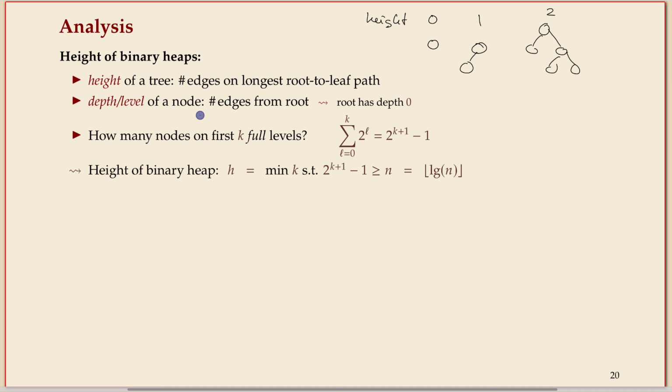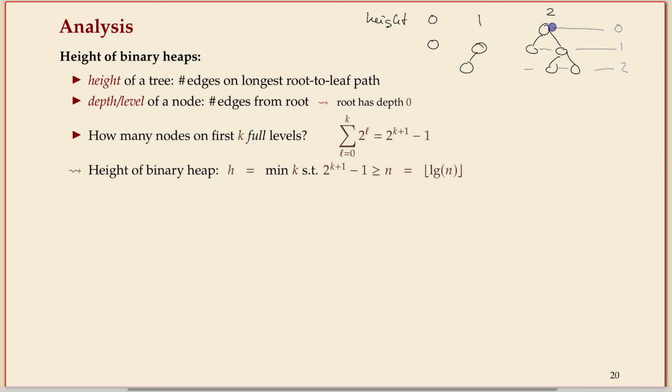Conversely, we talk about the depth or level of a node as how many edges do I have to go down from the root to reach that element. So this is level 0. That's level 1. That's level 2, and so on. And now you can count how many nodes can I have on a certain level. In particular, if these are full, right, then you have one node on level 0.